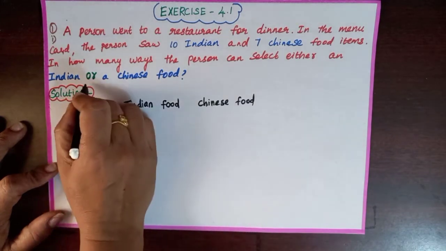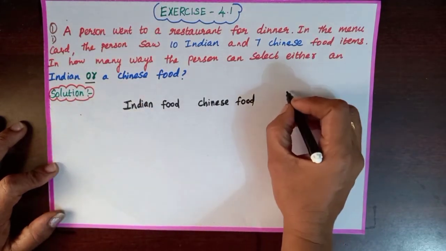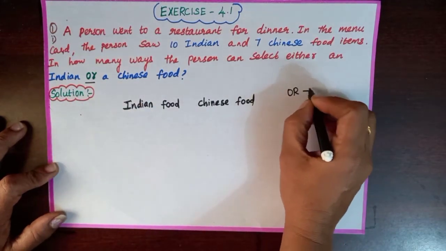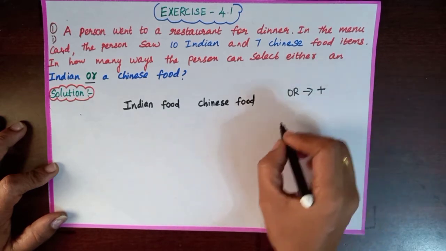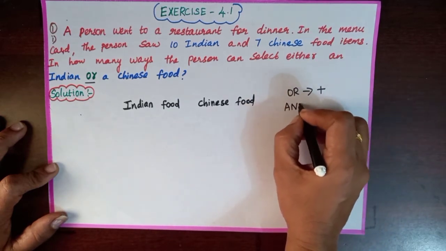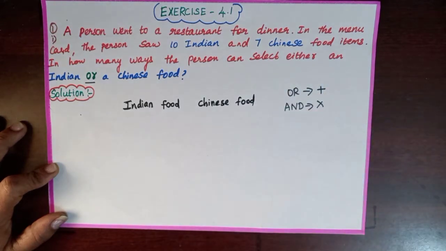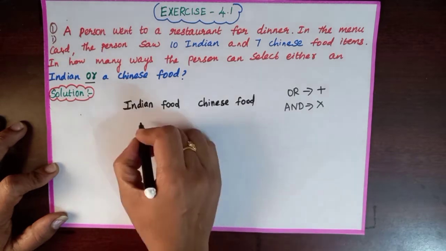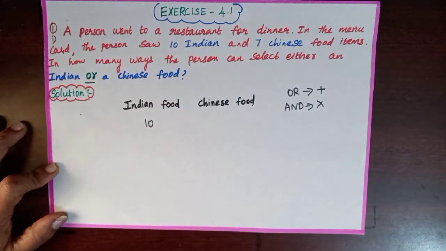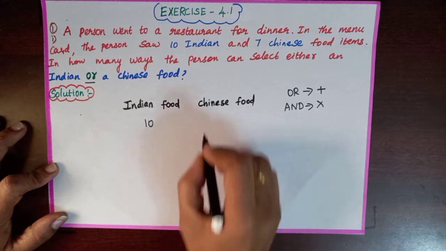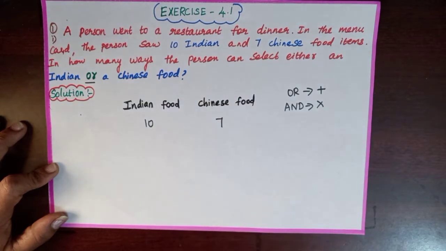Here, the option is OR. If we have the option as OR, then we need to add. If we have the option as AND, then we need to multiply. The person can select Indian food in 10 ways and Chinese food in 7 ways.